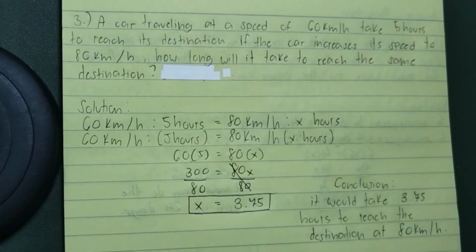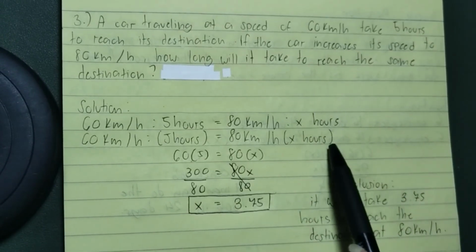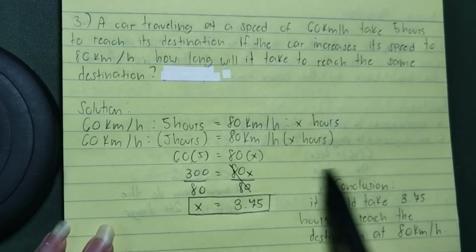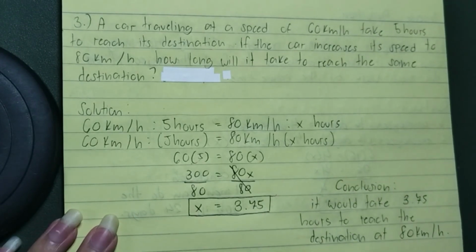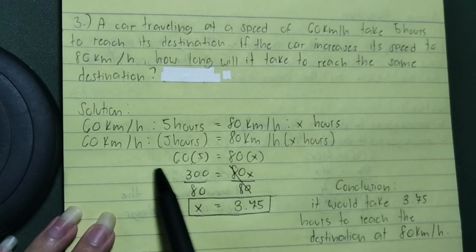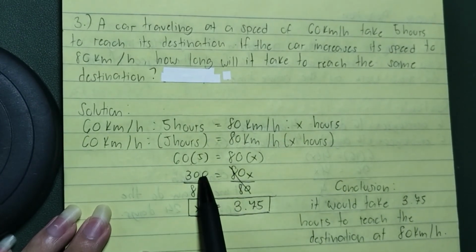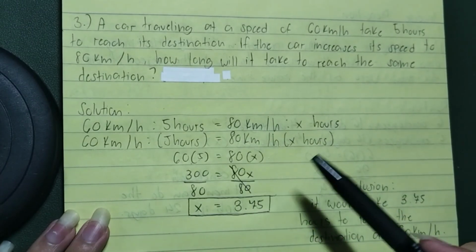Again, the x here represents the hours it will take if the car increases its speed to 80 km per hour. And then multiply both sides. So 60 times 5, that would give us 300, and 80 times x, that would give us 80x.